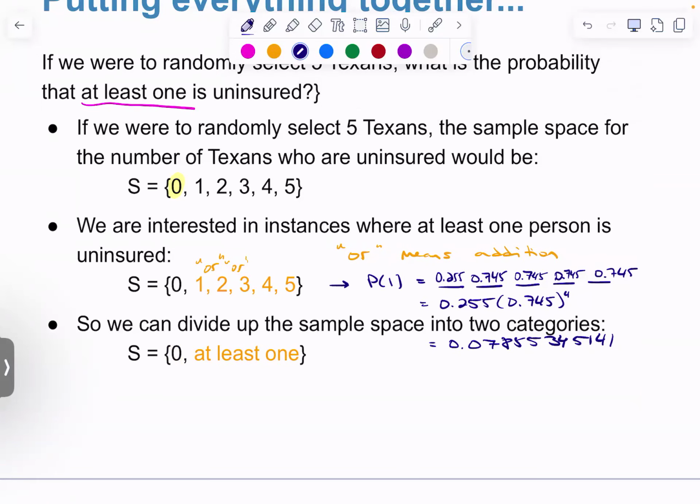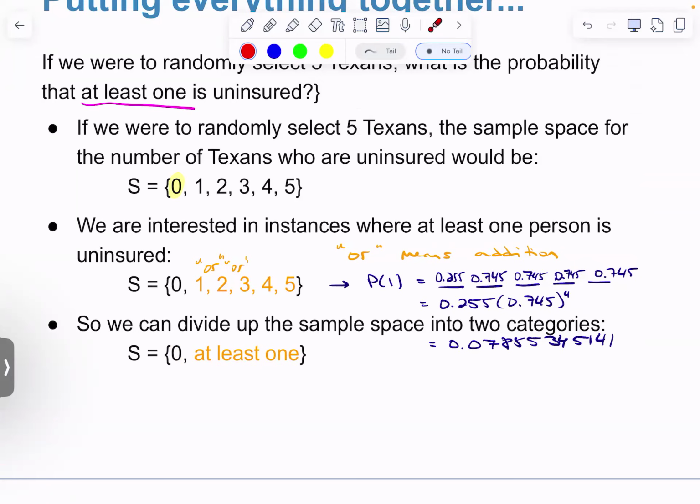So that's doing it for the 1. And then you do it for the 2, and then you do it for the 3, and then you do it for the 4, and then you do it for the 5. That's a lot of work, right? And so whenever you catch yourself thinking, oh, that's a lot of work, you start looking for shortcuts. And the complement is usually the way to go.